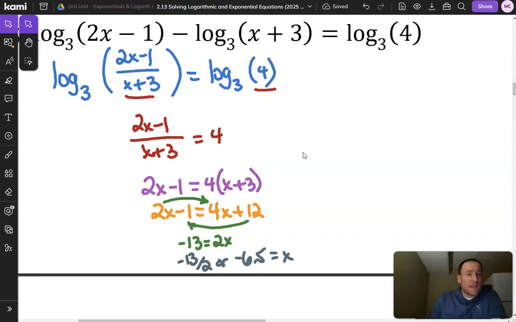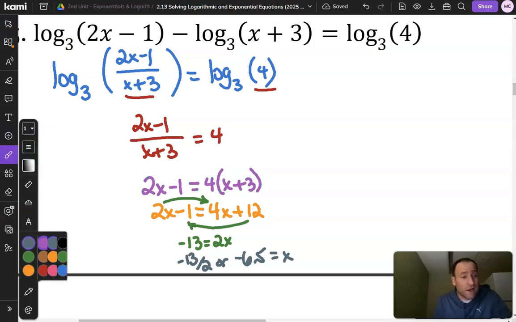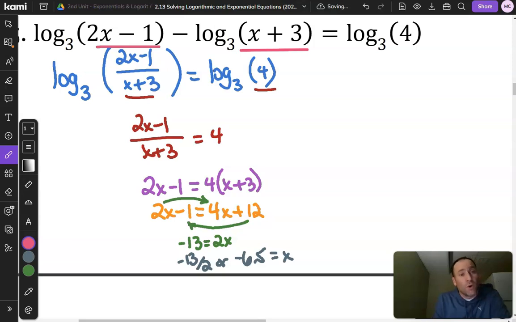Again, quick reminder. Now, when we get our negative value here, we should have probably had a conversation at the beginning, where, remember, you can't log a negative number. There's no way we can take 3, raise it to an exponent, and get it to equal a negative value, which means we know in the first log, setting that greater than 0 and solving out, x would have to be more than 1/2.